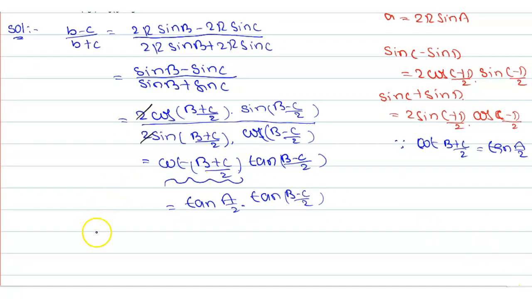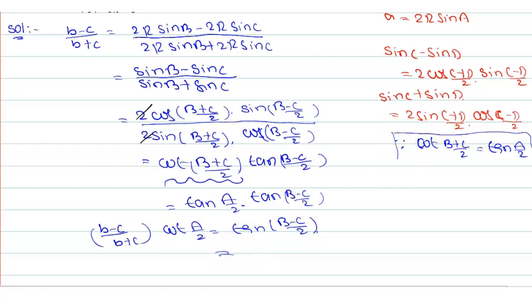In the sense, I can write it as (b minus c) by (b plus c) into 1 by tan, and 1 by tan goes to cot, equals tan of (B minus C) by 2. This rule is called the tangent rule. So that is the answer for this question. Okay, now go for the next question.